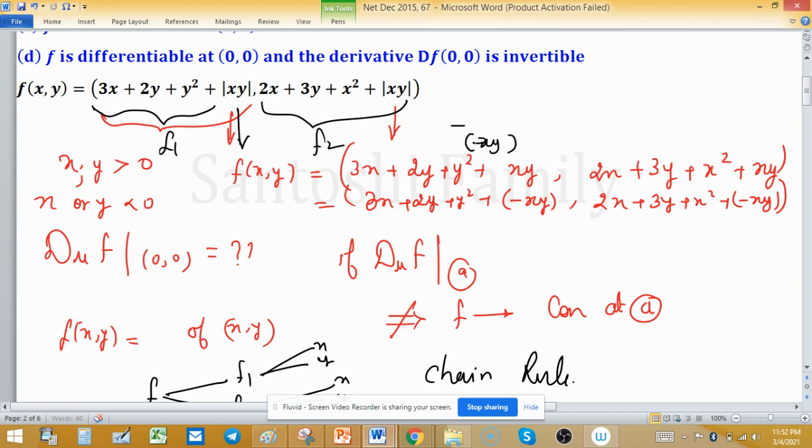Now take negative inside and take the variable outside as if we are treating it as a constant, or you can understand this one as this value is minus of xy. Suppose either x is negative or y is negative, so mod will give this value.